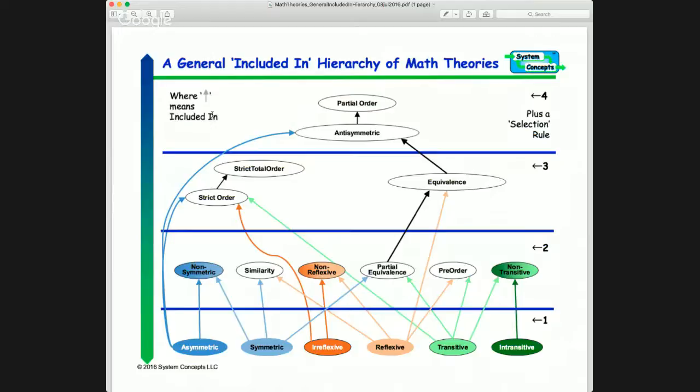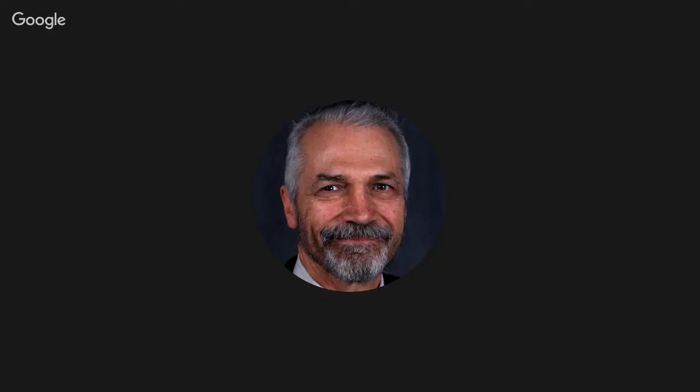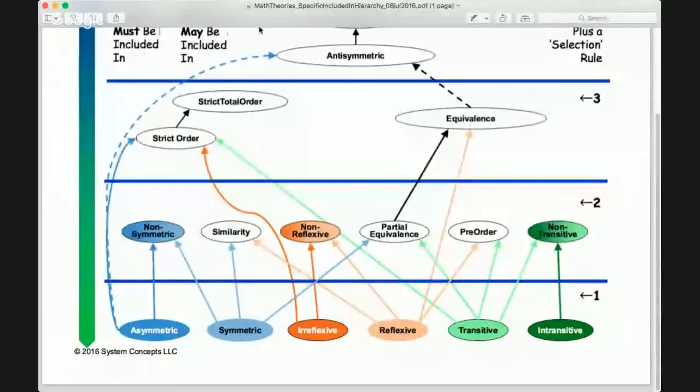But what we wanted to do is look at this a little bit more specifically, and think about what this included in relationship really meant. So we did a more detailed approach here with a specific type of mathematical theories approach.